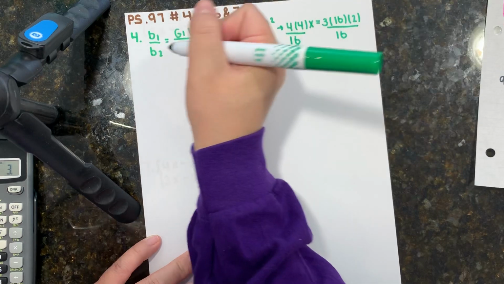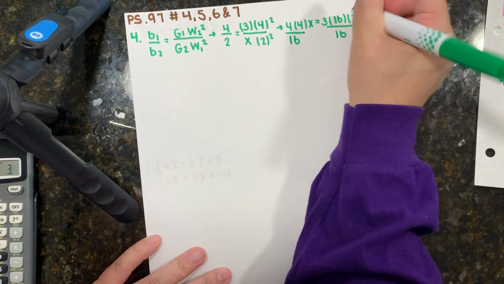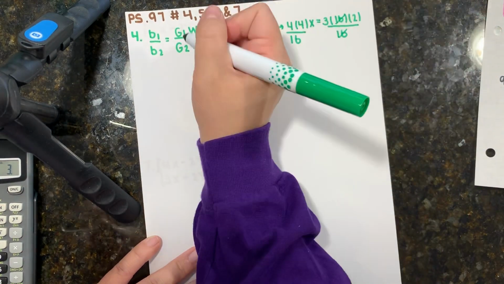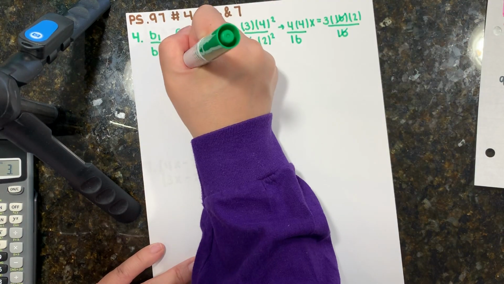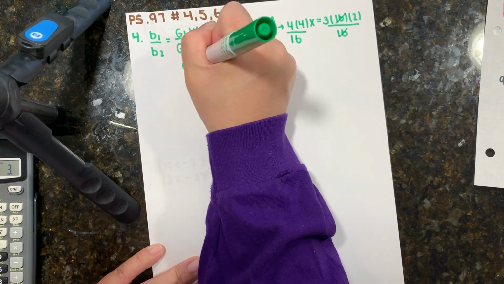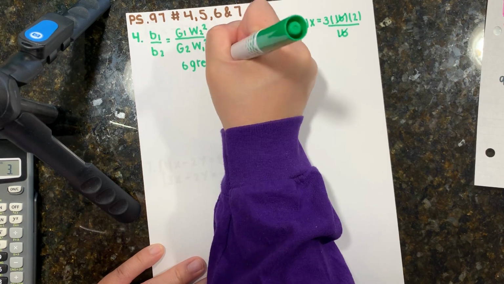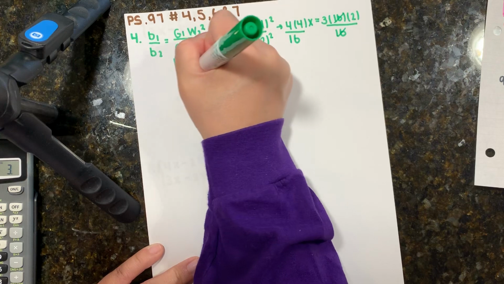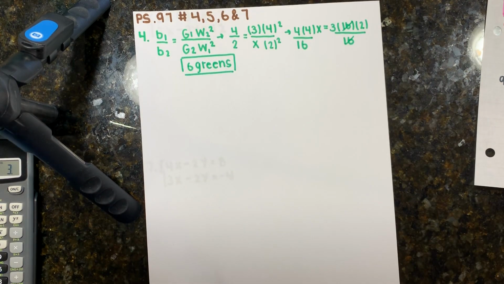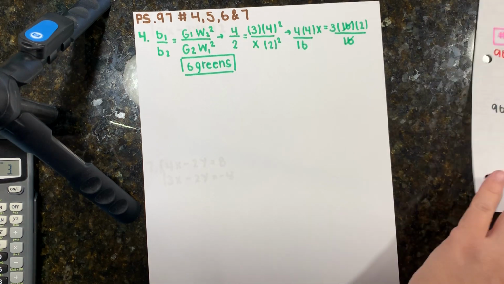Which means that X is going to be equal to 3 times 2, which is 6. So that would mean that there would be 6 greens. Okay, and that concludes your number 4. Now we're going to move on to number 5.